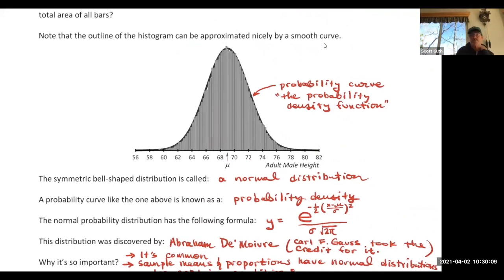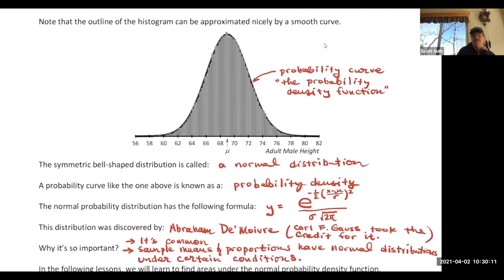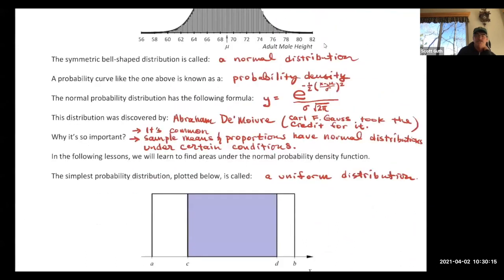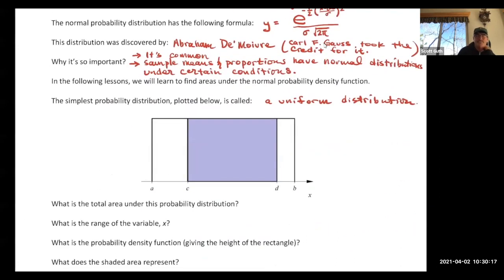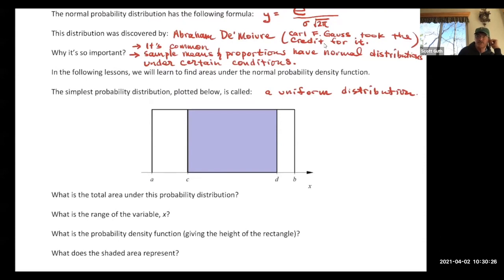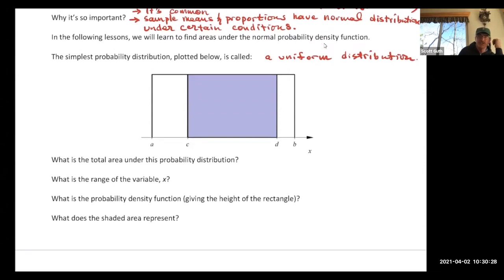And so we're going to have to find areas under bell curves. But it's easier to start with rectangles. And of course, I don't think you have to worry about doing any test questions on this one. It's just a nice intro. So let's go ahead and jump in.